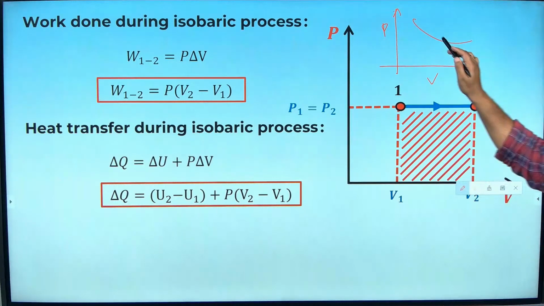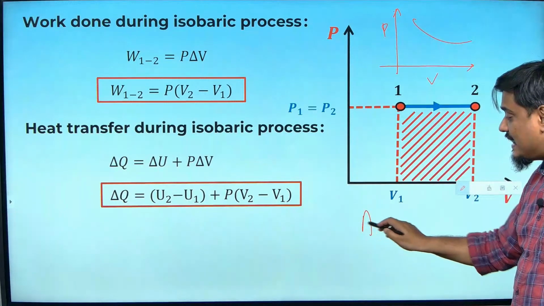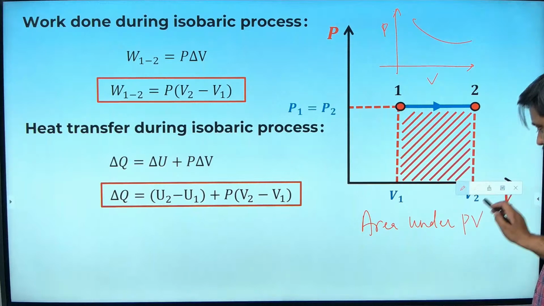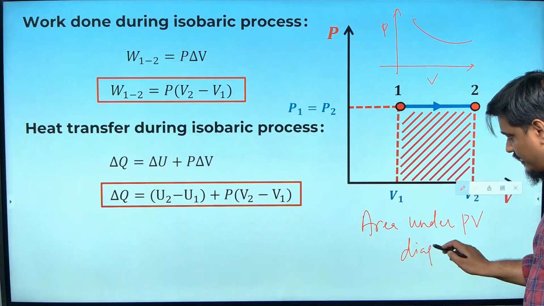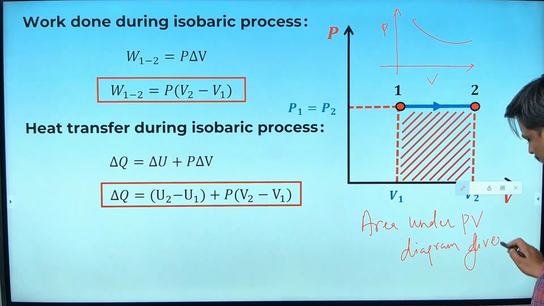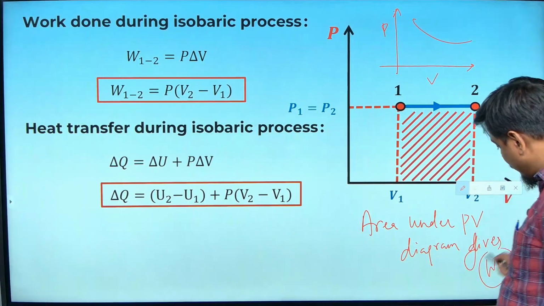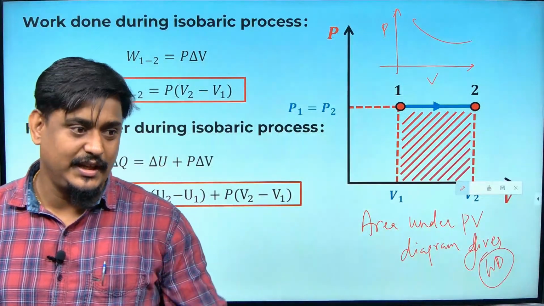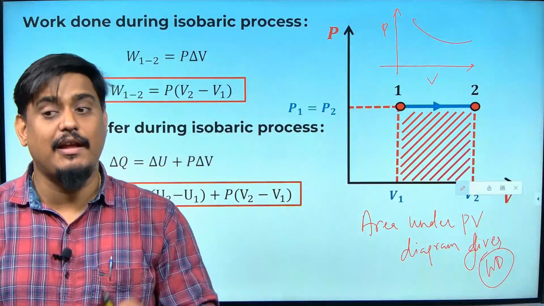One thing you should remember about PV diagram is area under PV diagram gives what? Work done. Area under PV diagram gives work done. Sometimes in the exam they will give you P coordinates, V coordinates, initial, final, and then ask you to find the work done.